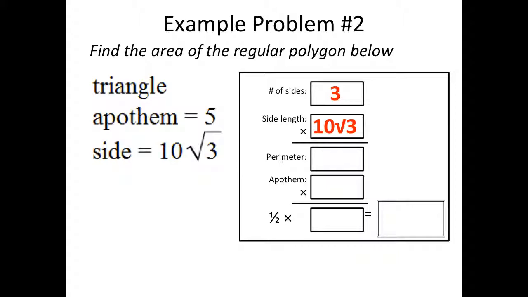If I multiply that together, I get that the perimeter of this triangle is 30 root 3. My apothem, as the problem tells me, is 5. So I multiply my apothem times my perimeter, I get 150 root 3. But to find the area of the polygon, I have to take 1/2 of that, because our formula is 1/2 PA. So 1/2 of 150 root 3 is 75 root 3.